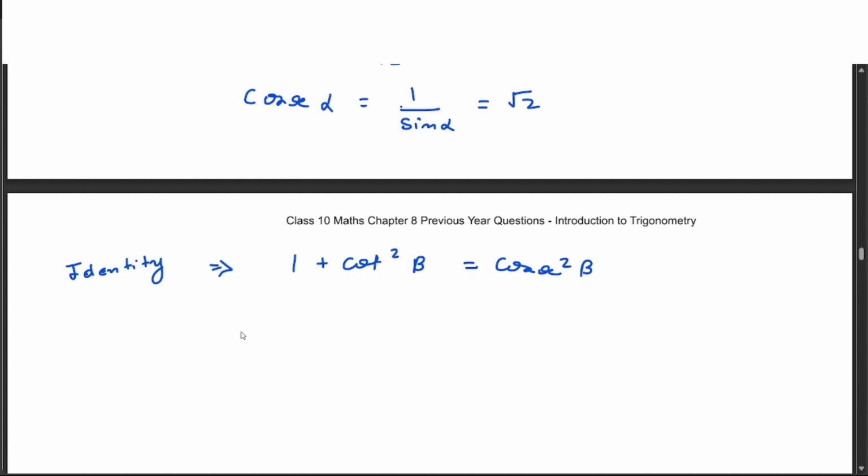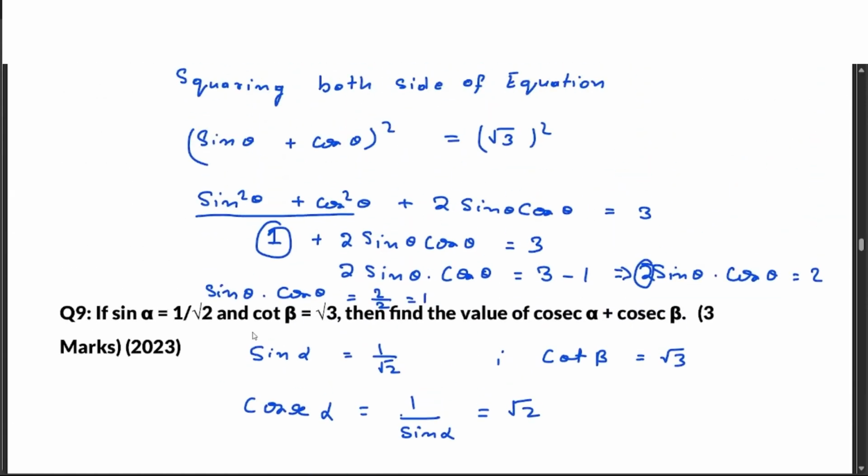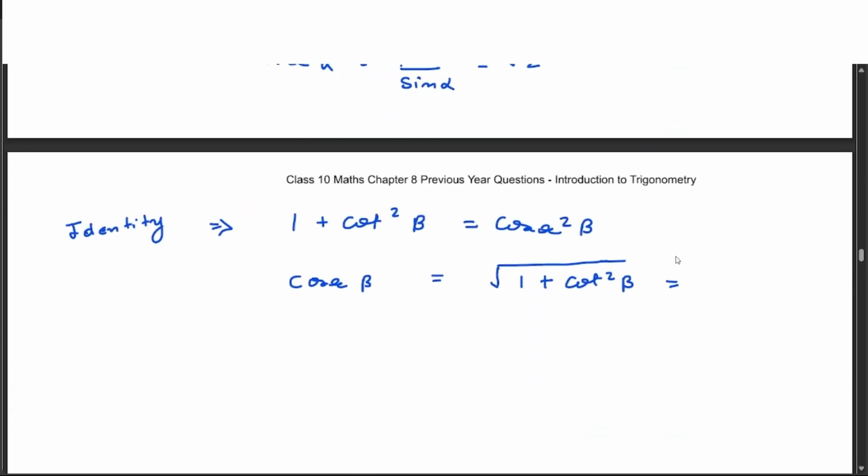So based on that we can say cosec beta is equal to the square root of 1 plus cot square beta. We have to check how much the cot beta value is given. The cot beta value root 3 is given, so we can substitute here. So we can say 1 plus root 3 whole square.